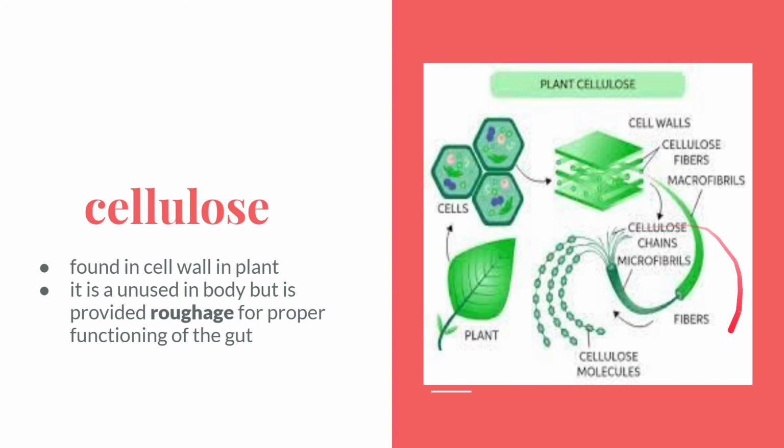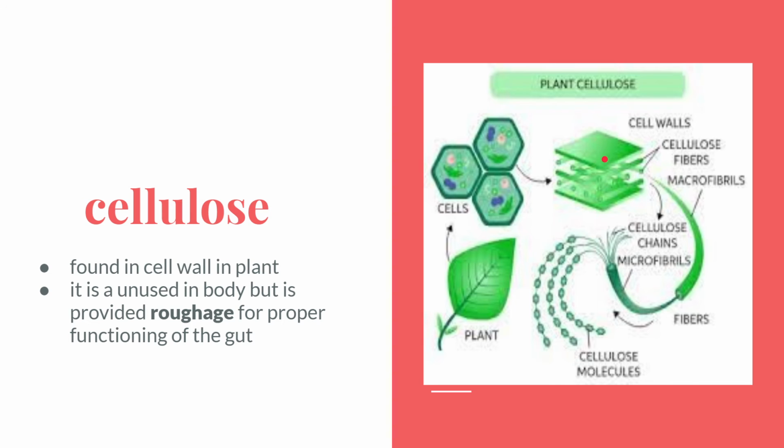Yes, now we'll talk about cellulose molecules later on in the next coming videos. But let's understand this carefully. So cellulose is nothing but it is found in plants. It's found in which part of plant? Cell wall. So remember that it is found in cell wall.